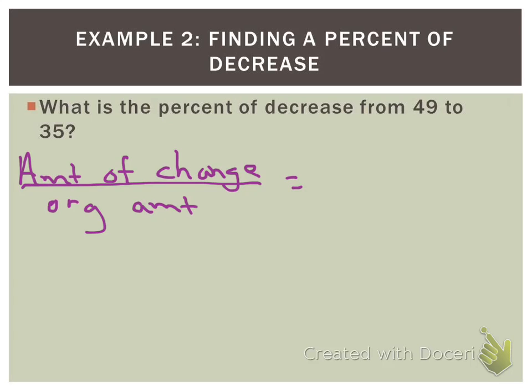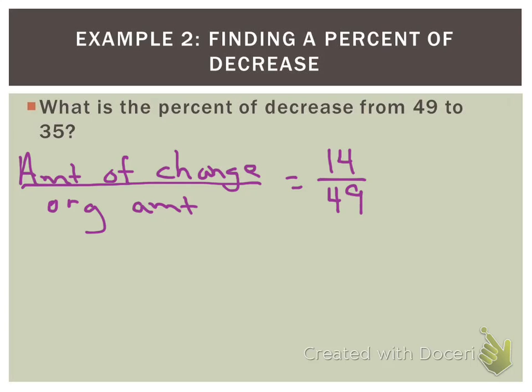What's my amount of change from 49 to 35? What's the difference between 49 and 35? 14, thank you. So 14 divided by my original amount. How much is my original amount? 49 is the original amount, not the ending amount.